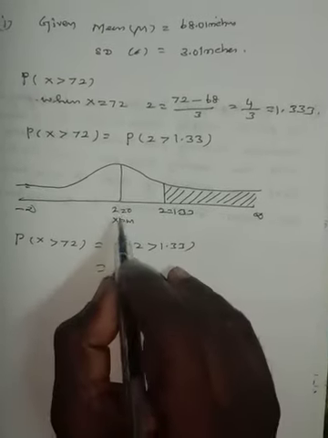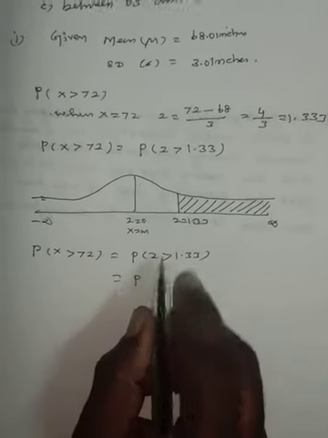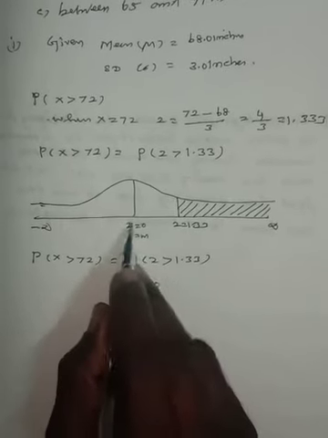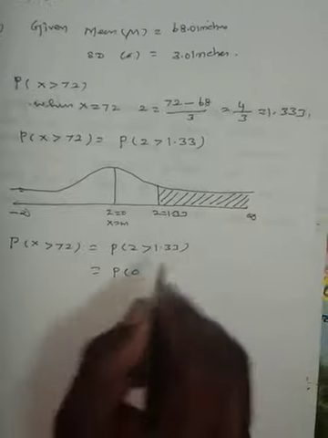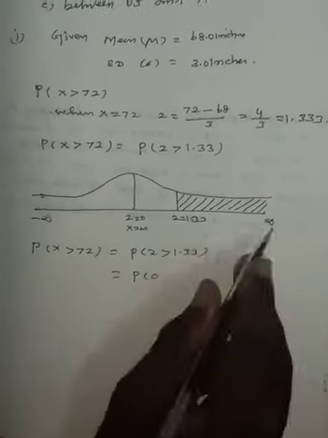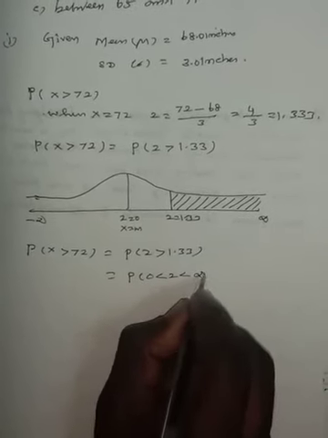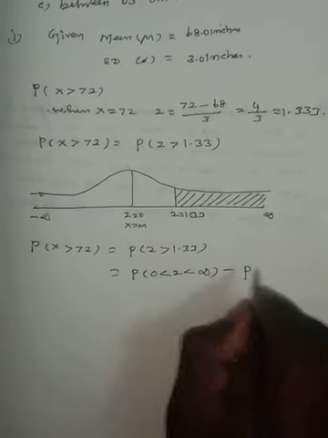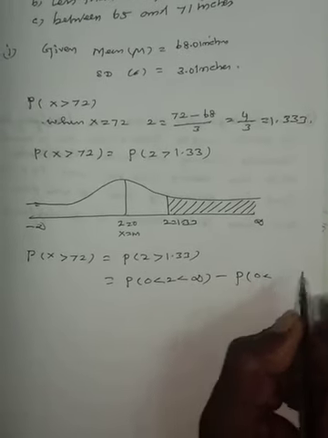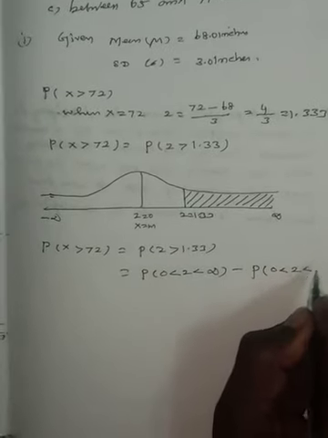This means 0 to infinity minus 0 to this. So P of 0 less than z less than infinity, minus the probability of 0 less than z less than 1.33.